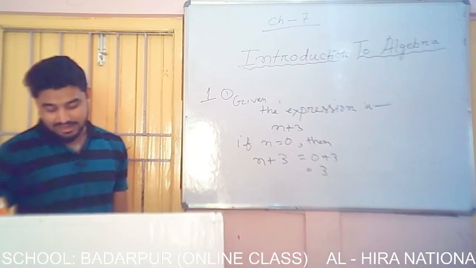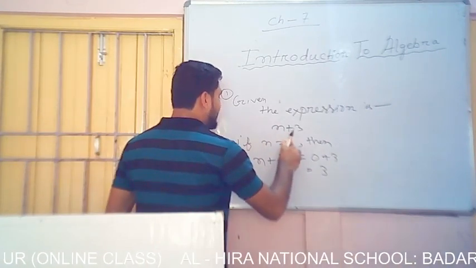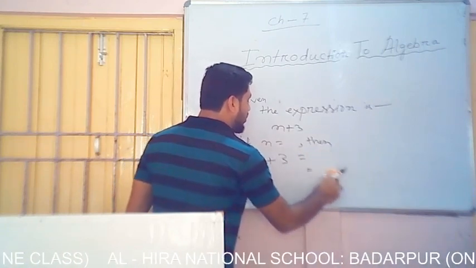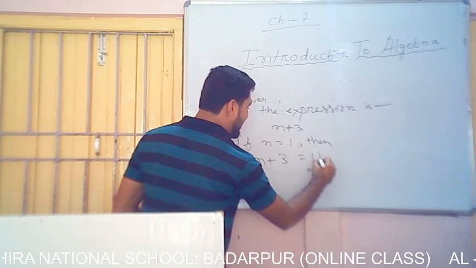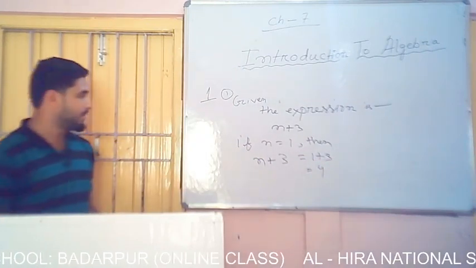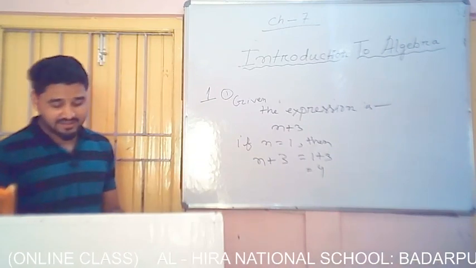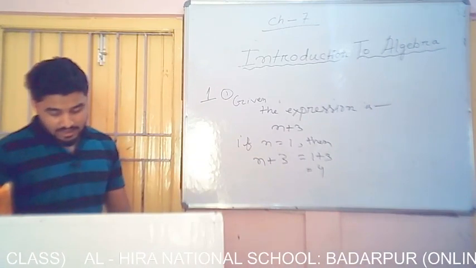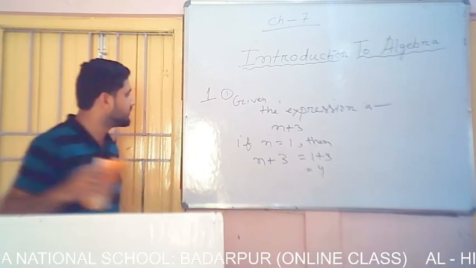Now for n equals 1, in place of n I should write 1. Then it becomes 1 plus 3 equals 4. So this is question number 1 of exercise 7B. Now come to question number 2.